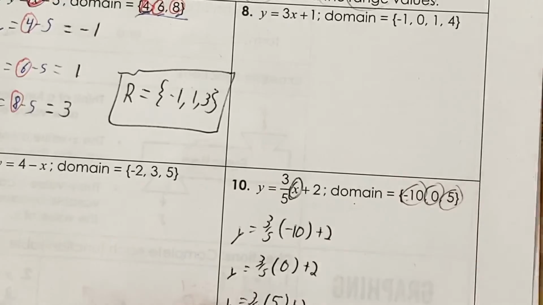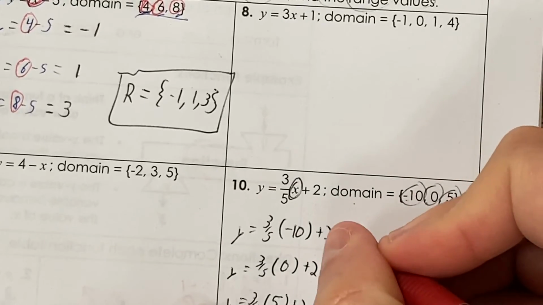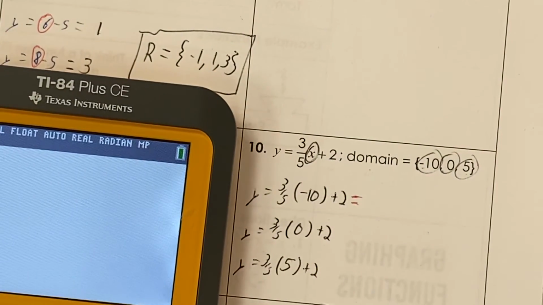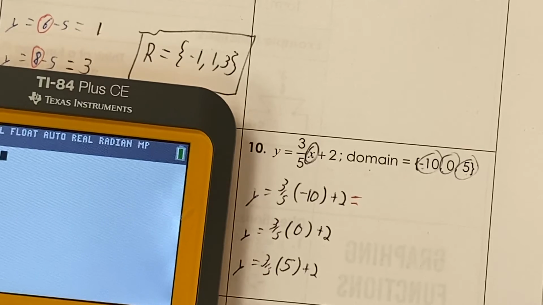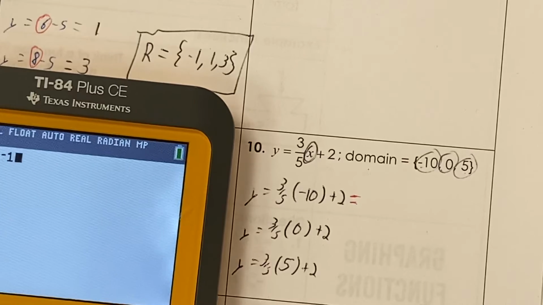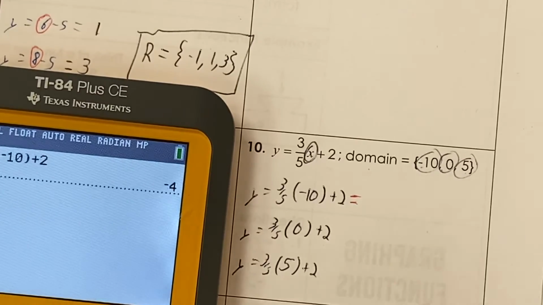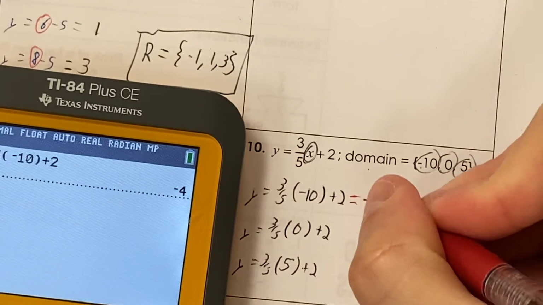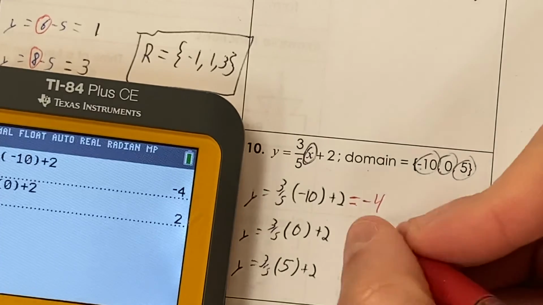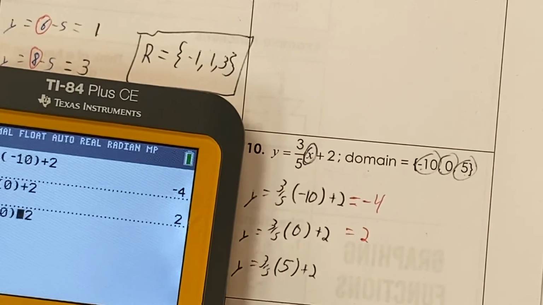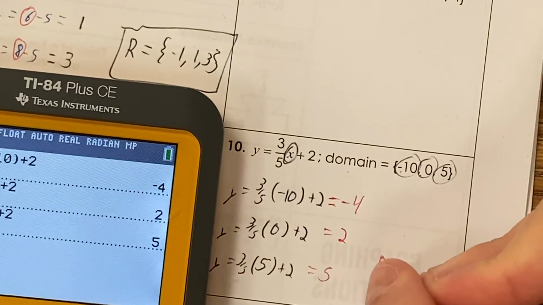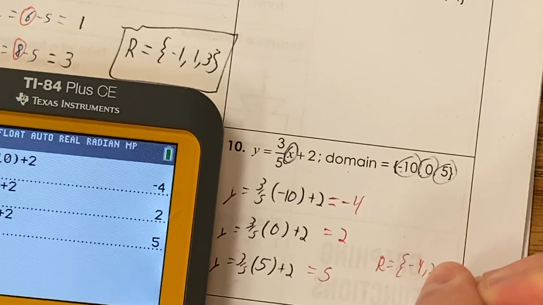The rest of the stuff stays the same. And if you want to use a calculator for that one, you can. 3/5 times -10 plus 2 is -4. The next one is 2. The last is 5. So the range is -4, 2, and 5.